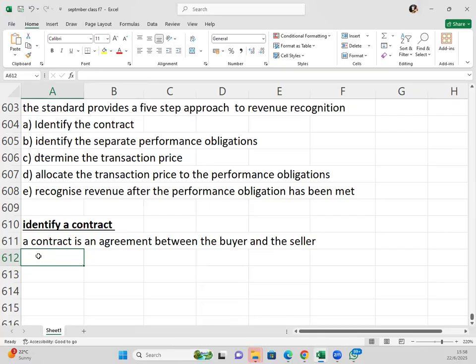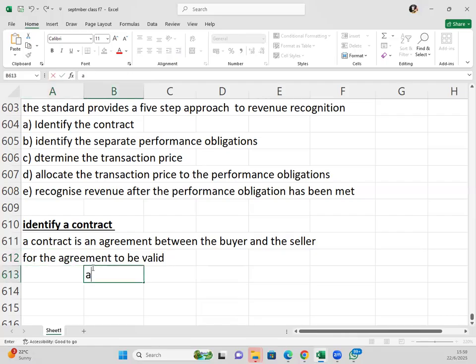What makes this contract valid? For the agreement to be a valid agreement, number one, both parties must have an obligation to perform.